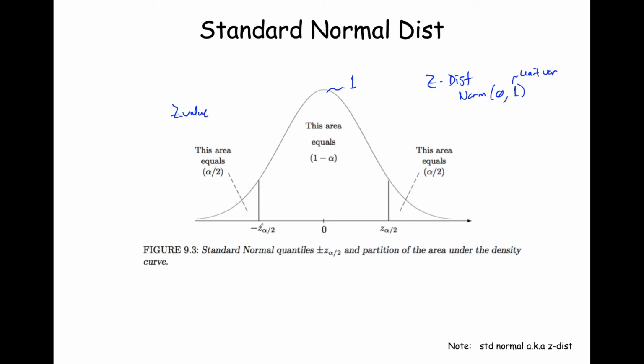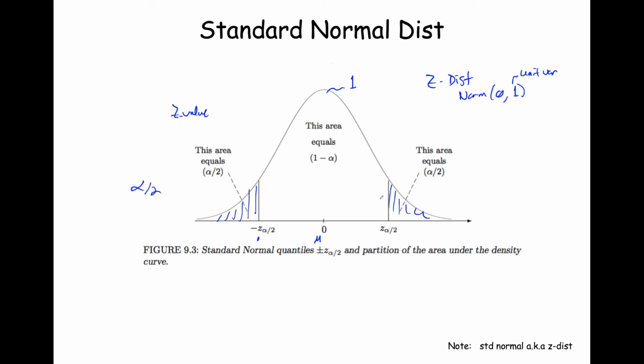What this alpha over 2 subscripted on the Z value represents is that if we take the Z value for Z alpha over 2 on the negative side at a certain distance from 0, where 0 is the mean mu because it's the standard normal, and we take the Z value subscripted with positive alpha over 2 on the positive side of the mean, well, these values are such that the area under the curve for the left-hand tail, that's this part, and the right-hand tail, that's that part, the total probability for these two tail regions is alpha over 2.